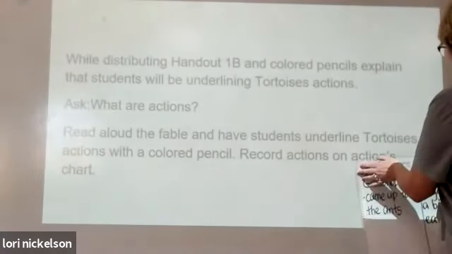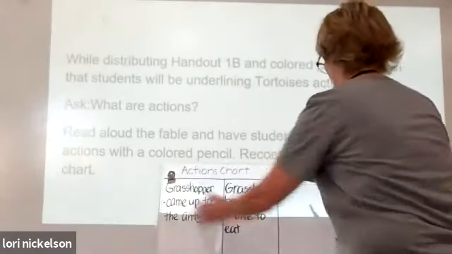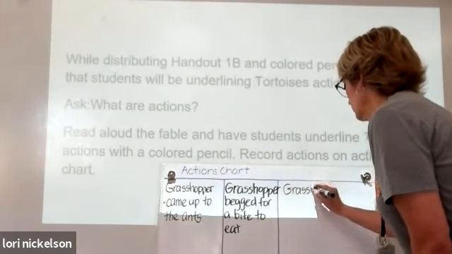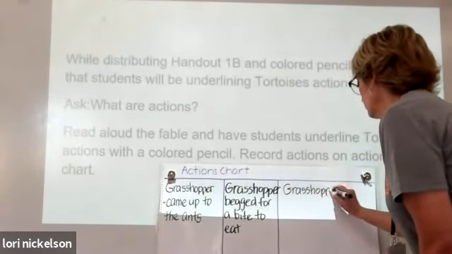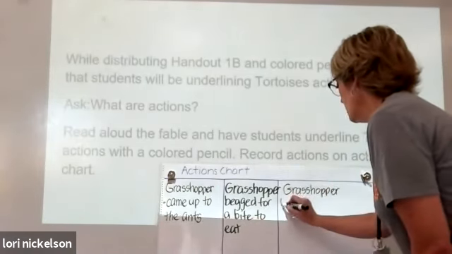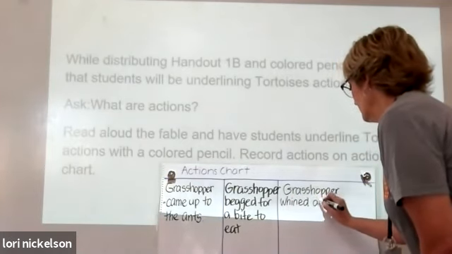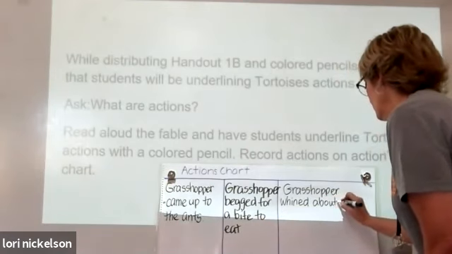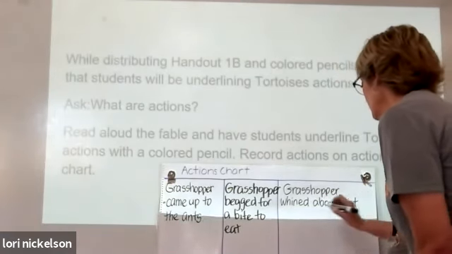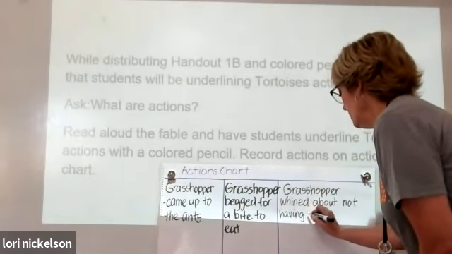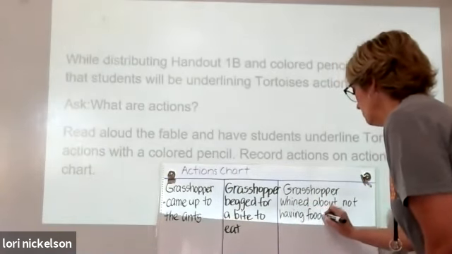So Grasshopper whined about not having food.